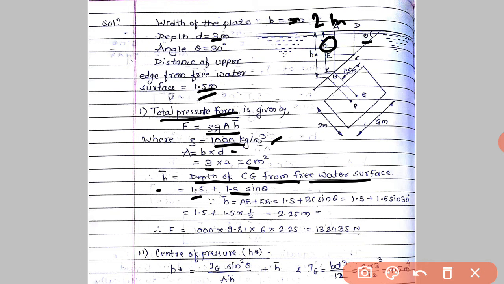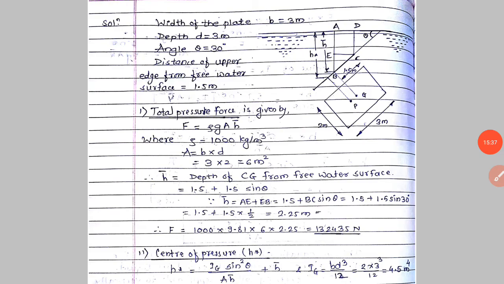H bar is AB. How to calculate AB? AB is AE plus EB. The value of AE is 1.5 meter, and the value of EB, from geometry, take here sin theta, sin theta will be equal to EB upon BC.